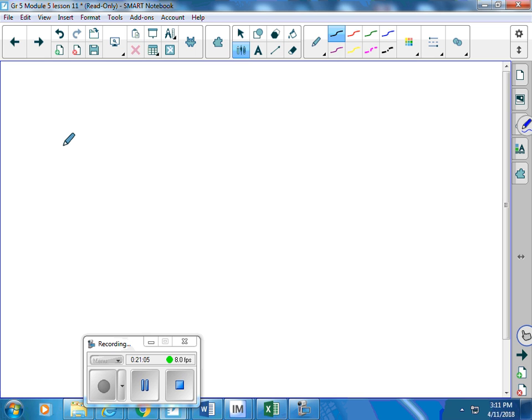I'm going to go to a blank screen because I don't have this in my slides. And so it says, Colleen and Caroline each built a rectangle out of square tiles placed in 3 rows of 5. All right, so they're going to make 3 rows of 5 squares.